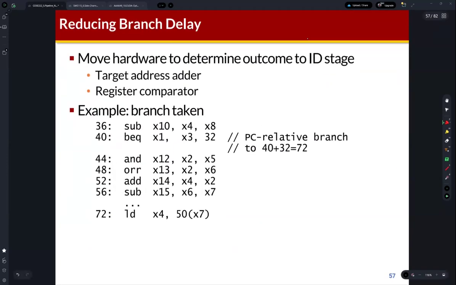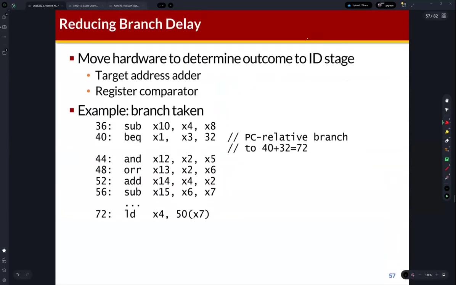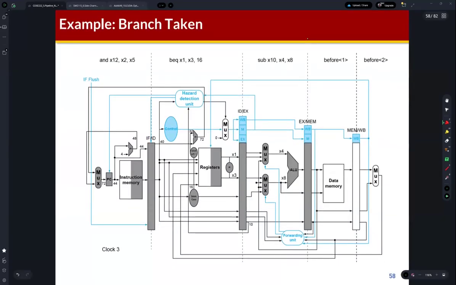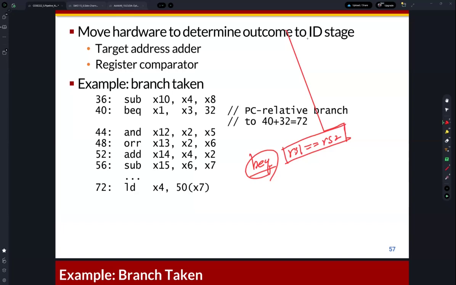So this is the example, right? And actually in this course, we are just implementing a processor that supports only BQ. Okay. So BQ just checks whether RS1 is equal to RS2, right? So this is checked by BQ.